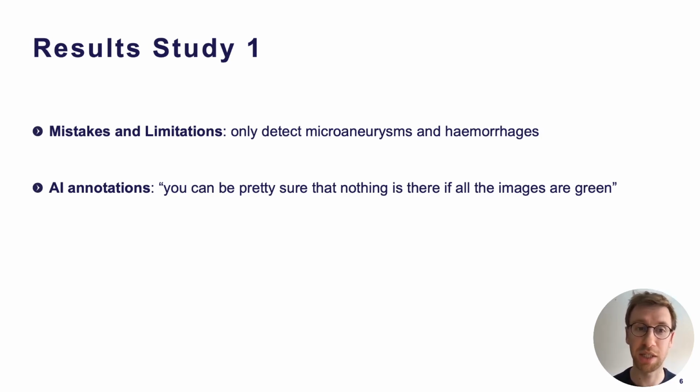As one participant said, "You can be pretty sure that there is nothing there if all the images are green." And you can see how such a statement or perspective conflicts with the fact that the AI system is only able to detect some abnormalities.